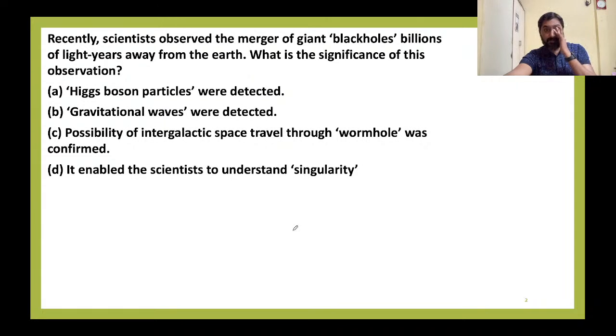Recently, scientists observed the merger of giant black holes billions of light years away from the Earth.